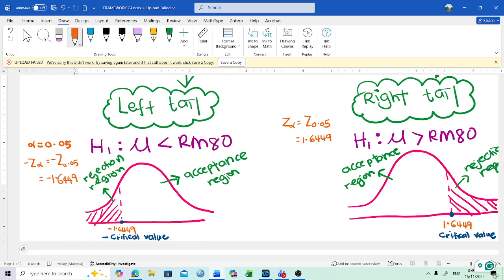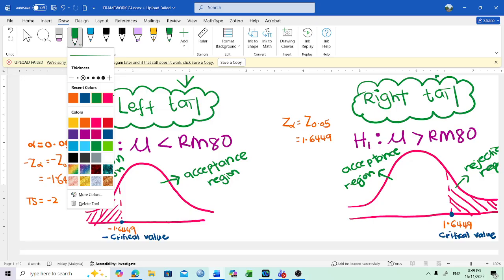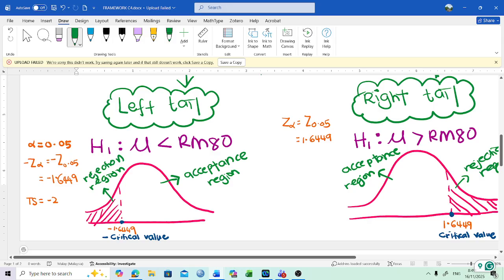Let's say that the test statistic, TS, is equal to negative 2. This is an example. I just take any value to illustrate to you.